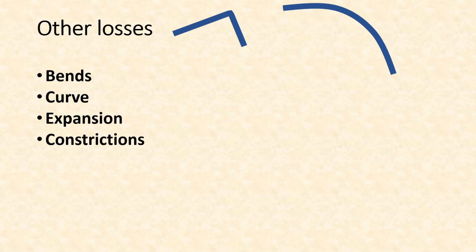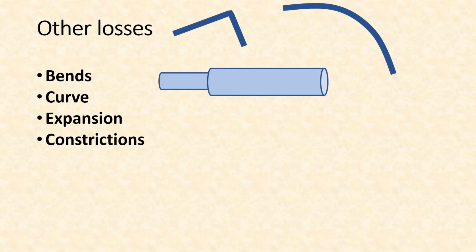Other kinds of these losses are expansion and constriction. That means when you have a pipe of certain diameter and suddenly the diameter increases, then in this transition there will be some kind of turbulence here, and in overcoming this turbulence, some more energy will be lost.